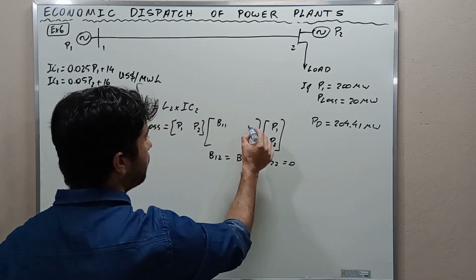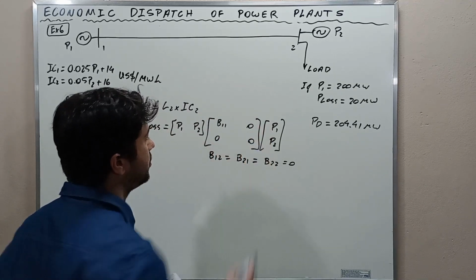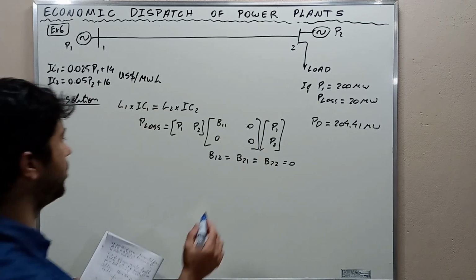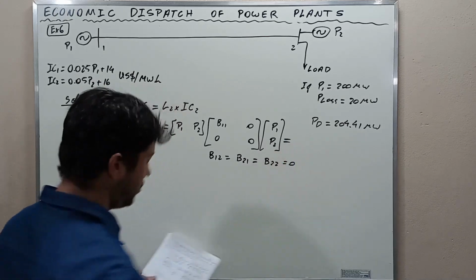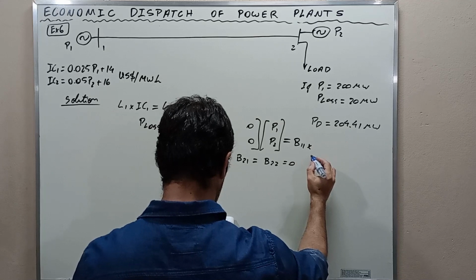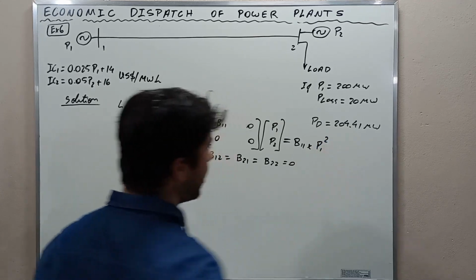This is 0, 0, and 0, okay? Then the losses will be only B11 times P1 squared, okay?